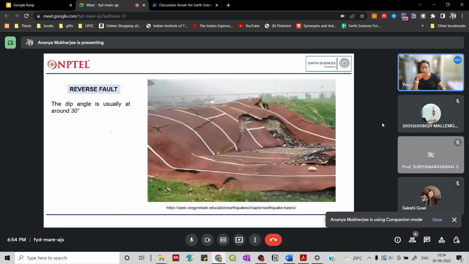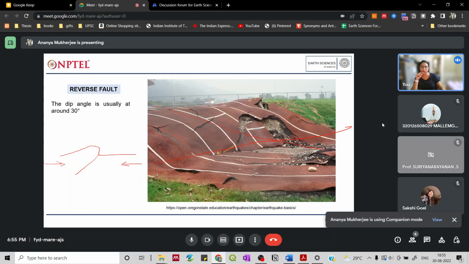Now when we talk about a reverse fault, we see that if we take a cross section, and suppose this is a fault line along which the displacement has happened, this has moved like this. Now why do we see a fold over here? Because of the compressive stresses that have acted. It has been accommodated by a fold.